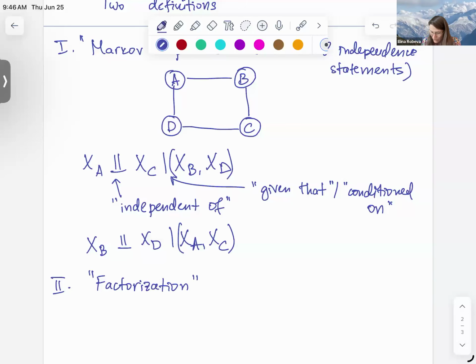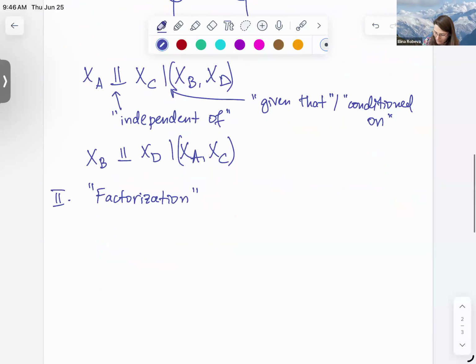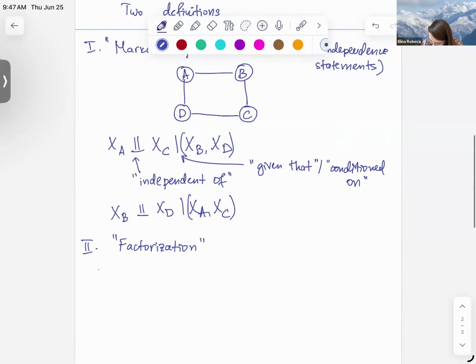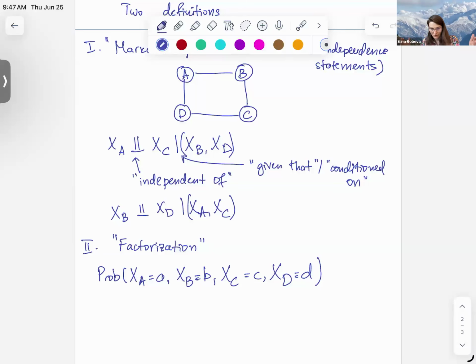I'll give you a slightly more formal definition in a little bit, but basically what this says is that if we have this graph, then the probability mass function, which is basically for every possible assignment of values to XA, XB, XC, and XD, so these little a, b, c, and d could be 0 or 1, so there's 16 ways to do this.